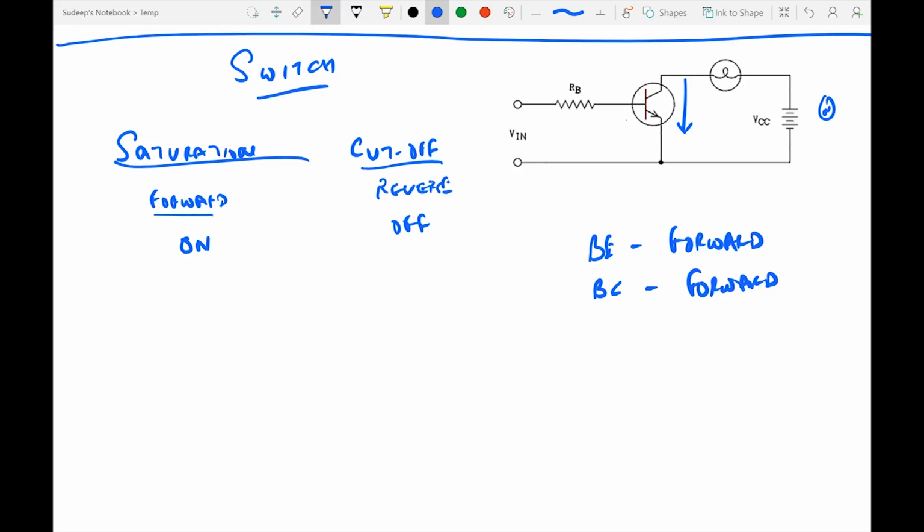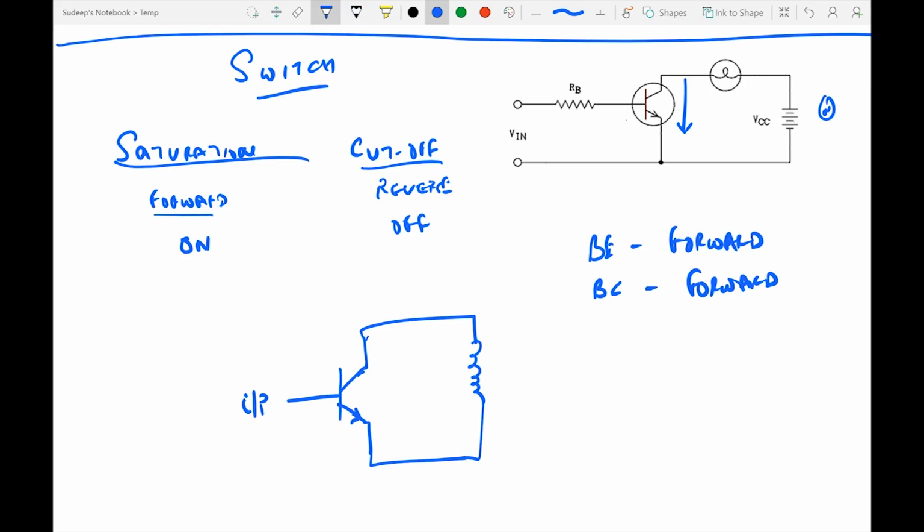In order to be safe, we give the input to the base, a logic low or logic high if we talk in terms of digital, and we connect this to a relay.